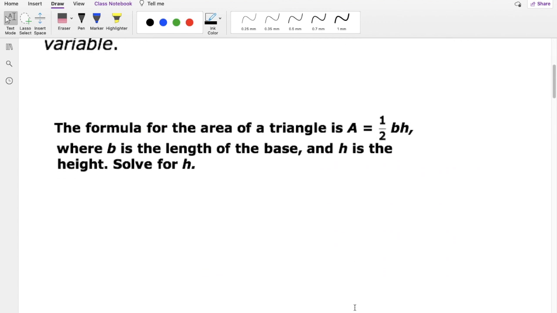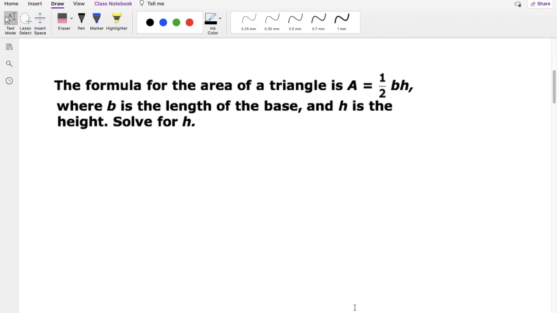So let's look at some examples where we're given an equation and we're asked to solve for one of the variables. Here we have the area for a triangle, which is 1/2 base times height, where b is the base, h is the height, and we want to solve for h.